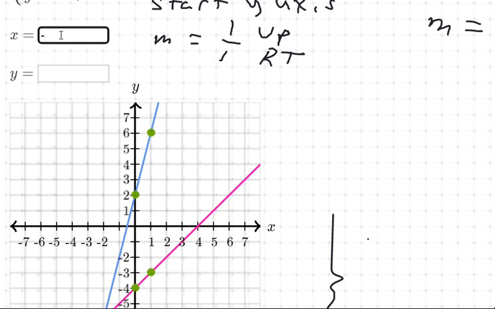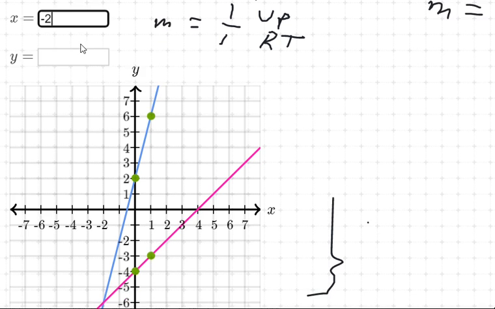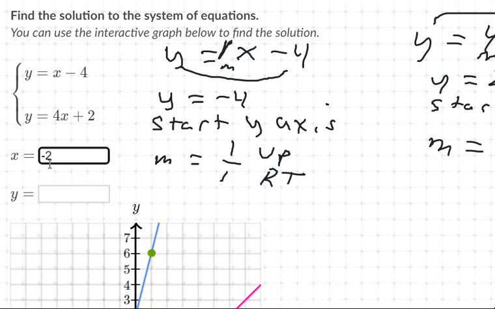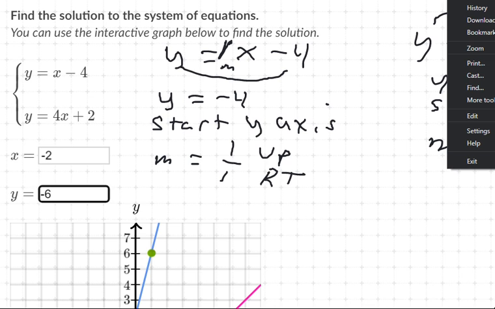So we'll type in negative 2 for the x, and then negative 6 for the y.